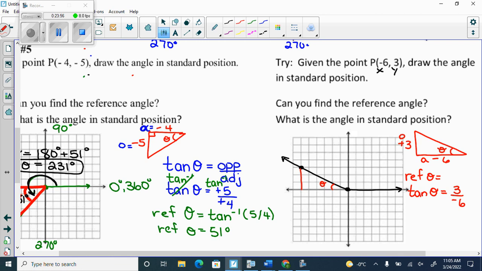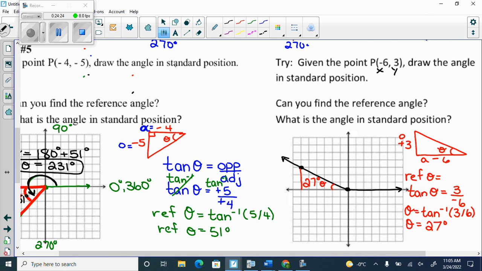So I'm actually going to go theta equals tan inverse of 3 over 6. I don't care that it's negative. The negative got me into that quadrant, but the reference angle I can just do by doing the positive. And what do I get? 27 degrees. So this here is 27 degrees.